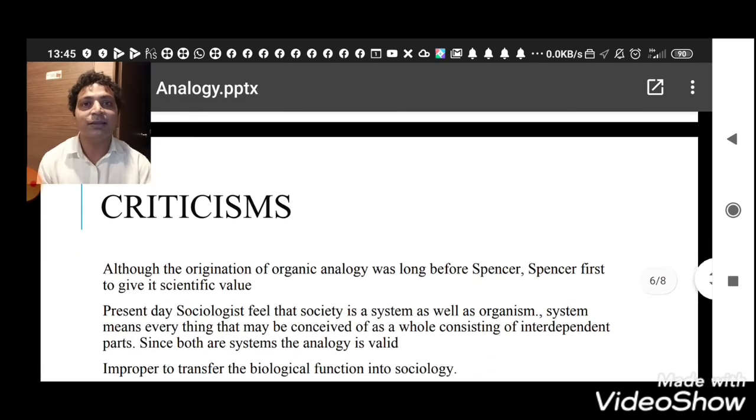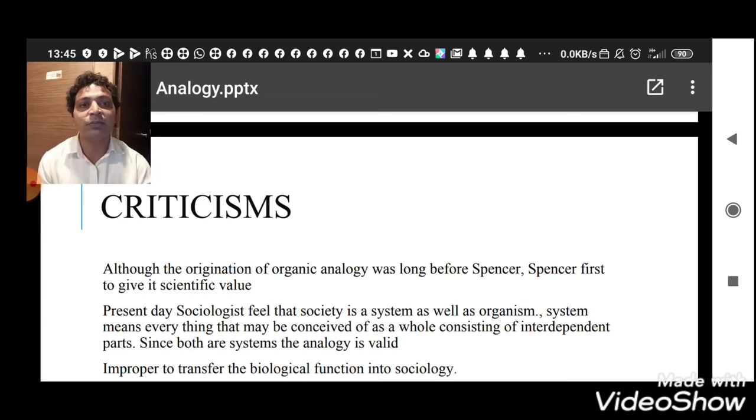Nevertheless, we see that this type of analogy by Spencer had to face certain criticisms. Although the orientation of organic analogy was long before Spencer, Spencer was the first to give it a scientific value. But present day sociologists feel that society is a system as well as an organism. System means everything that may be conceived as a whole, consisting of interdependent parts.